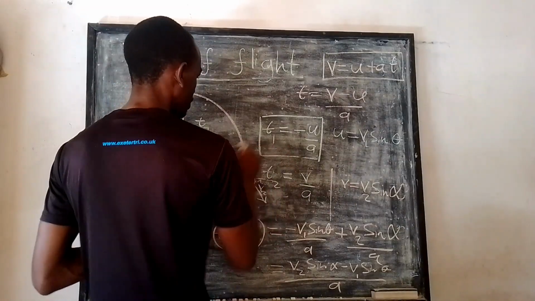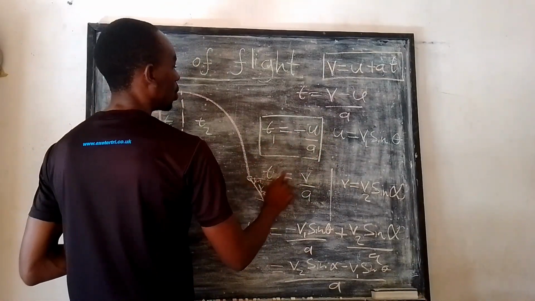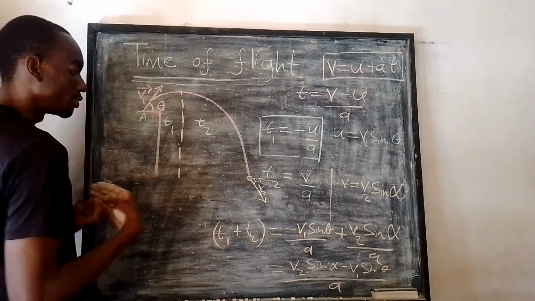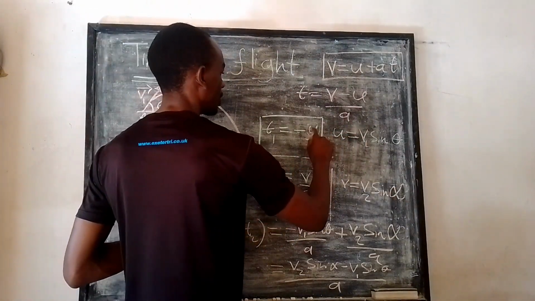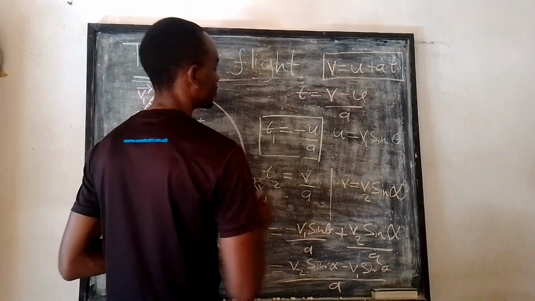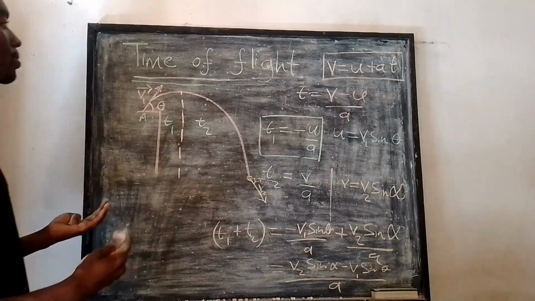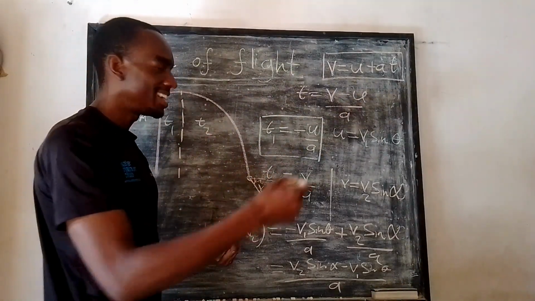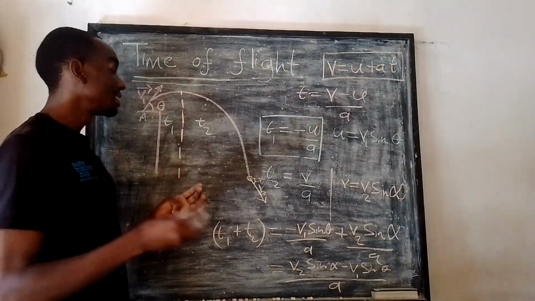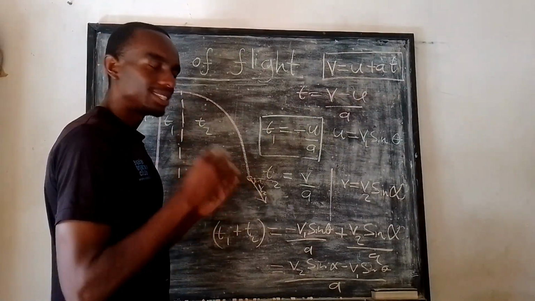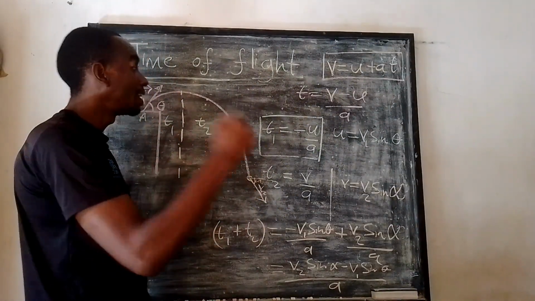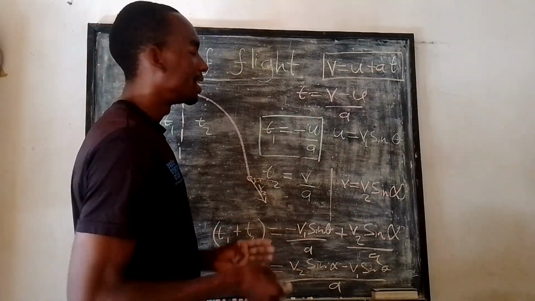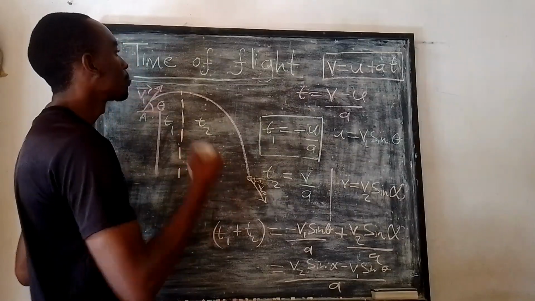You would have T1 is equal to minus U all over A, and for T2 you'd have V over A. But you would have to find out what exactly is the value for U and what exactly is the value for V. This is how you compute the time of flight, and this applies for any question you're given related to time of flight. This is the method. Master these and you'll be able to tackle any question related to time of flight.